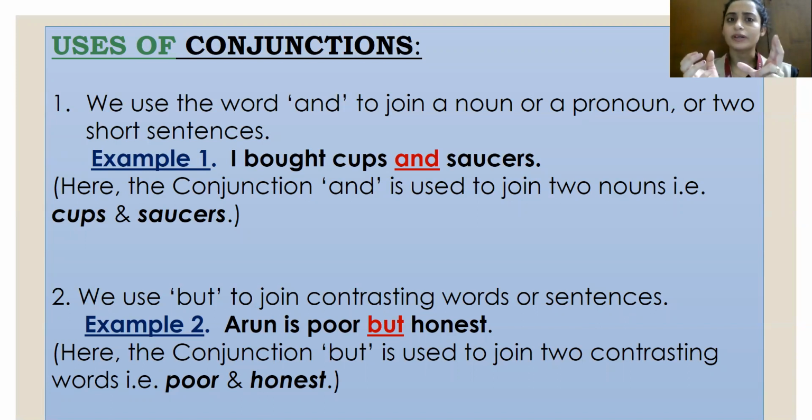So here poor and honest are joined with the help of the conjunction but. But here is joining two contrasting words together. What are those contrasting words, the opposite ideas? Poor and honest. So we join these two contrasting words with the help of the conjunction but.